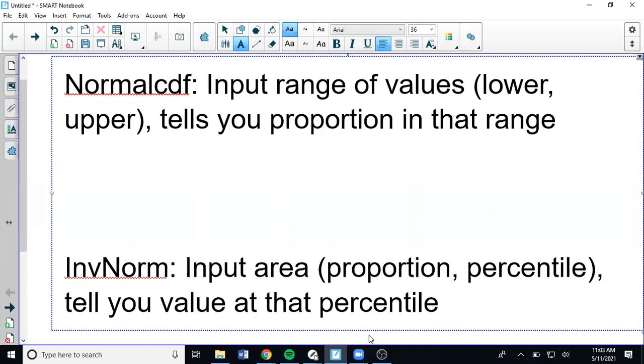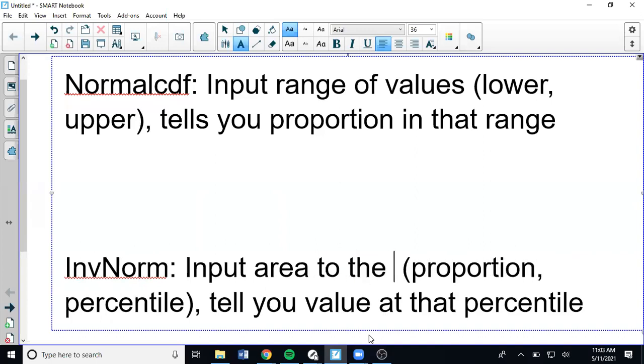So the specific area you're putting in is the area to the left of the value.